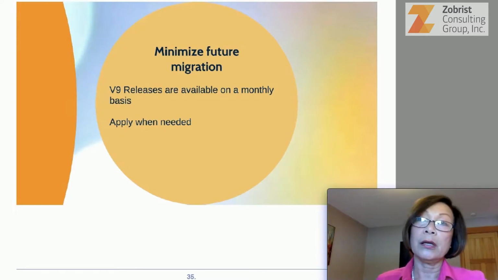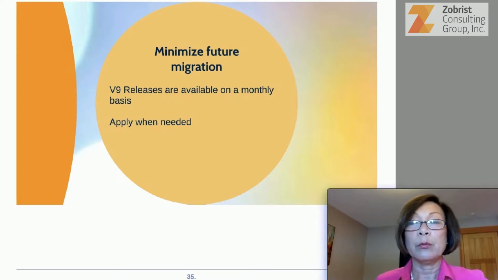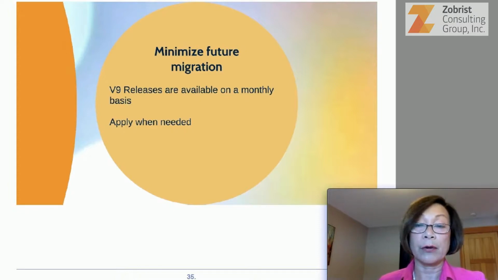Version 9 releases now are on a monthly schedule. So there are a lot of new features and capabilities released on a monthly basis. And so we can apply these releases to your application whenever we feel that was necessary. For example, we applied about 4 or 5 releases in version 9, and it only took a couple hours.